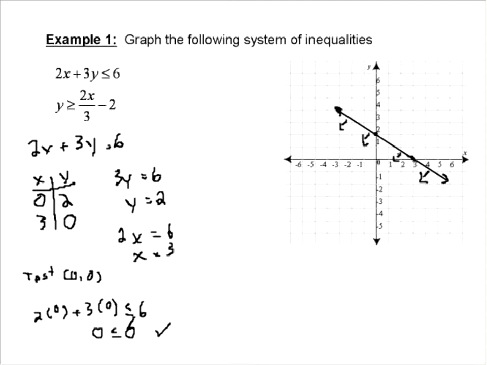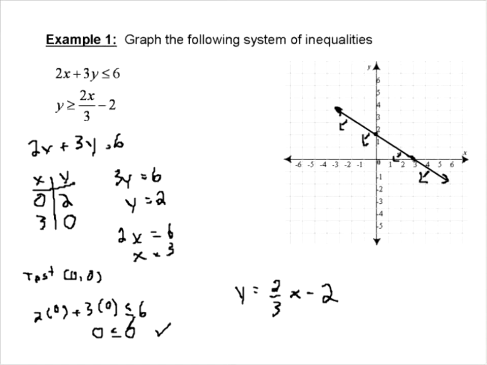So now we're going to look at our second equation. Now this one is already in the form y equals mx plus b when we put it into an equation. So let's just make it an equation, and we're going to have y is equal to 2 over 3x minus 2.